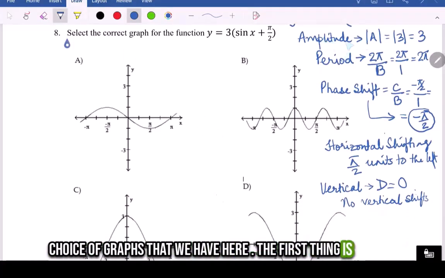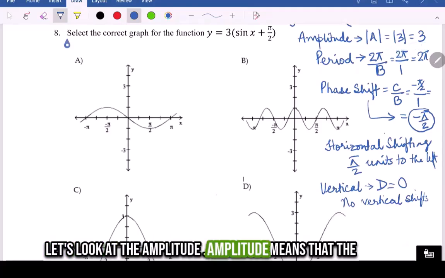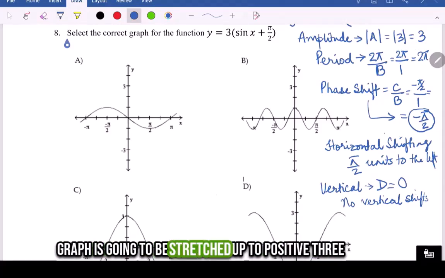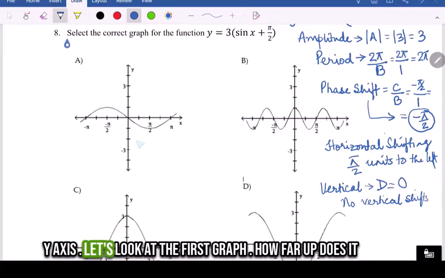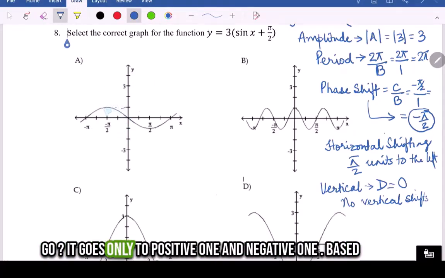The first thing is, let's look at the amplitude. Amplitude means that the graph is going to be stretched up to positive 3 along the y-axis and negative 3 along the negative y-axis. Let's look at the first graph. How far up does it go? It goes only to positive 1 and negative 1.